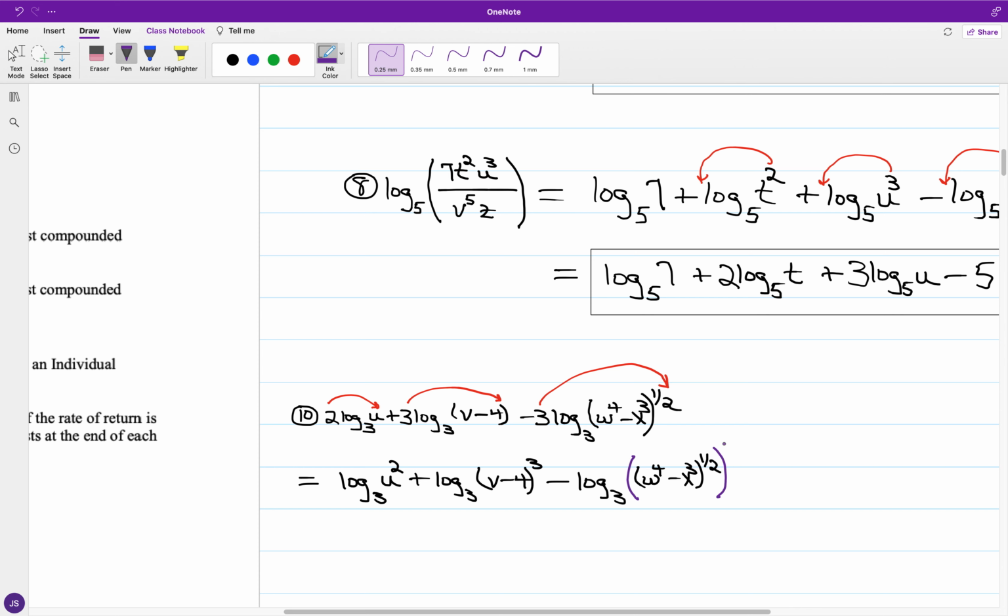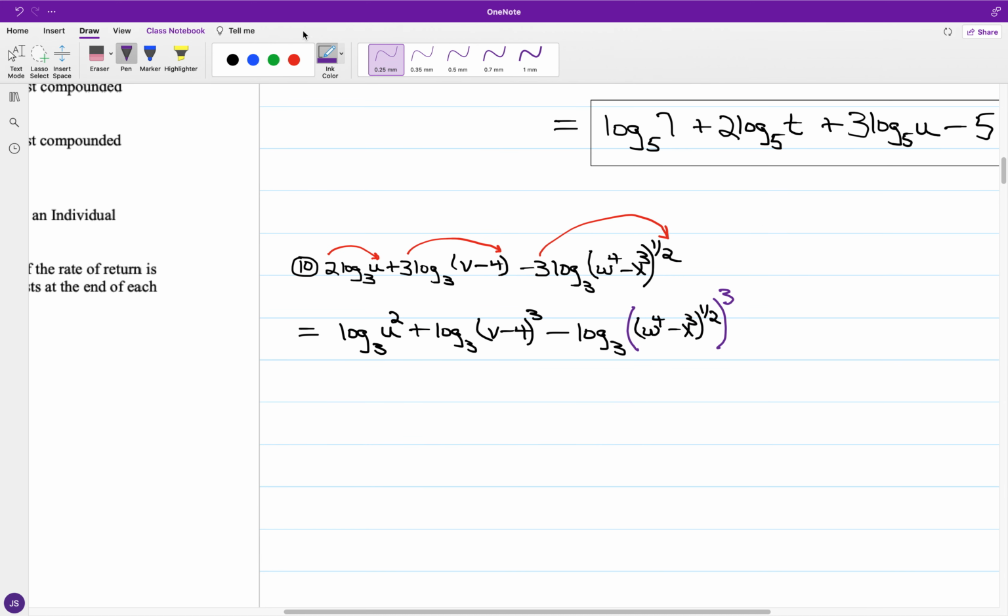And then with the 3, we have this difference to the 1/2, and then cubing that out. No adjustment has to be made to the expressions u and v. So u is to the second, v minus 4 is still to the third.